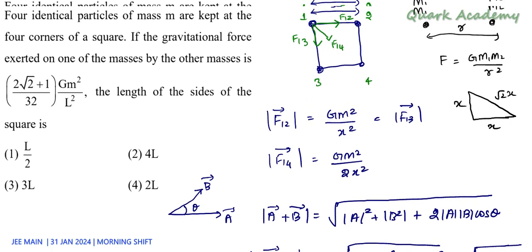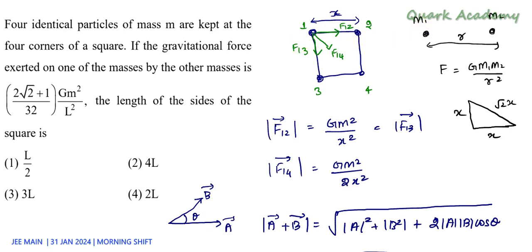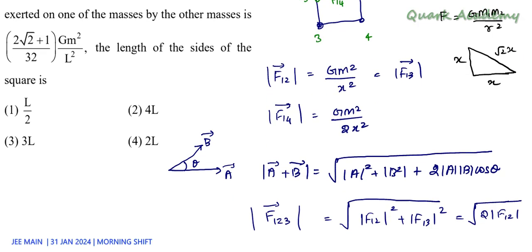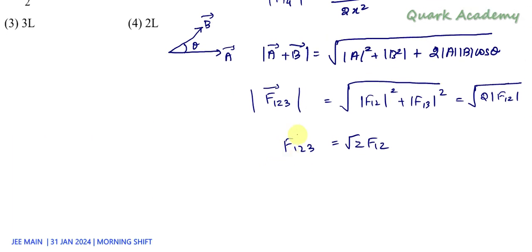Now if you look at the direction of this combination of F12 and F13, it acts in this direction, which is along F14. So to find the net force, we can just add F123 and F14. F net is equal to F123 plus F14.